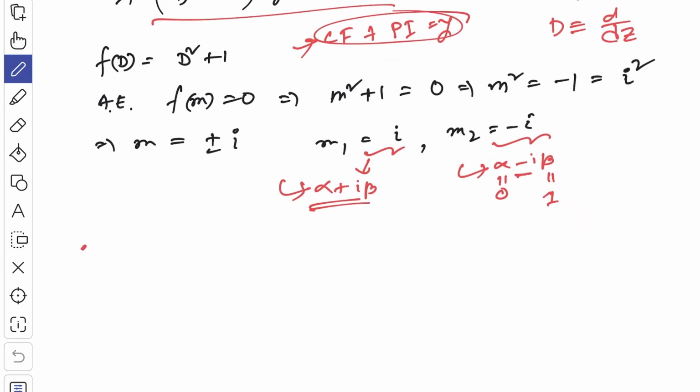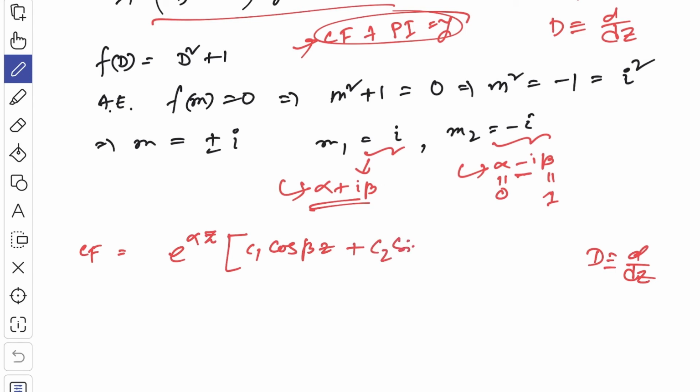If the roots are complex conjugates, then CF is given by e to the power alpha, and instead of x, here we are going to have z, because we are taking d as d by dz. That's why e to the power alpha z, then c1 cos beta z plus c2 sin beta z.